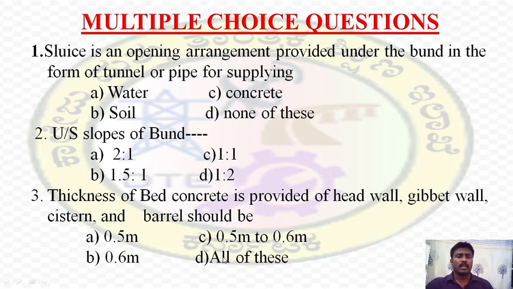Answer is water. So sluice is an opening arrangement provided under the bund in the form of tunnel or pipe for supplying of water.